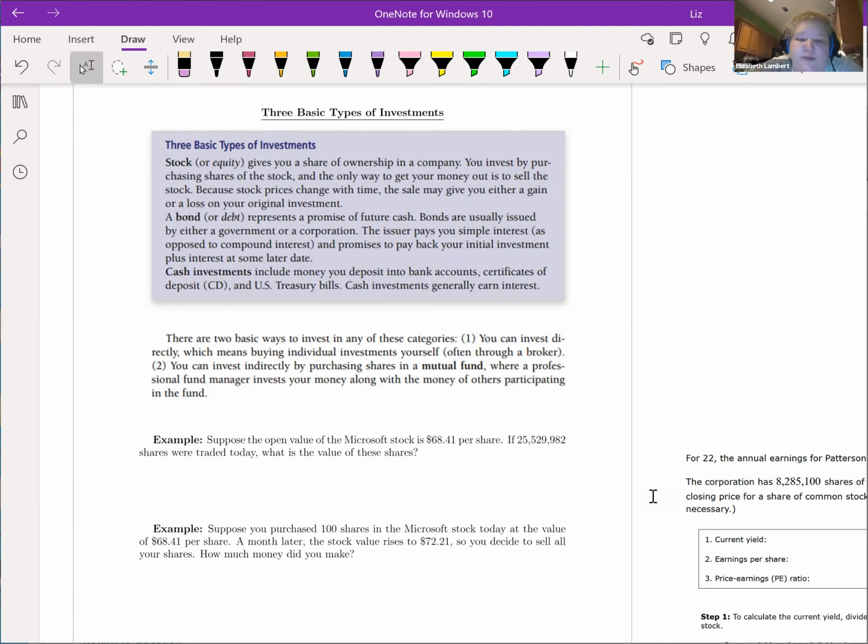A bond represents a promise of future cash. Bonds are usually issued by a government or corporation. So with the government, what you say is, hey, America, I'm going to give you $10,000, but you got to promise to give me back my 10,000 and interest on it in insert time frame here.